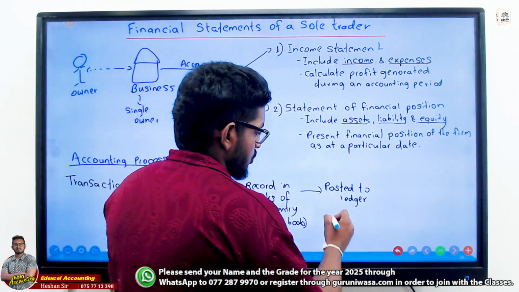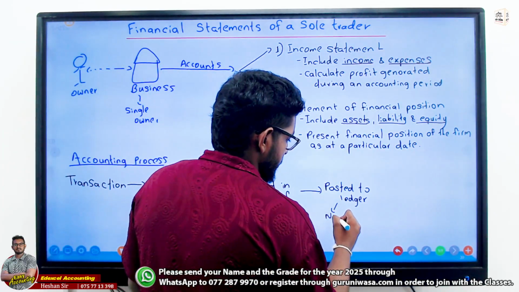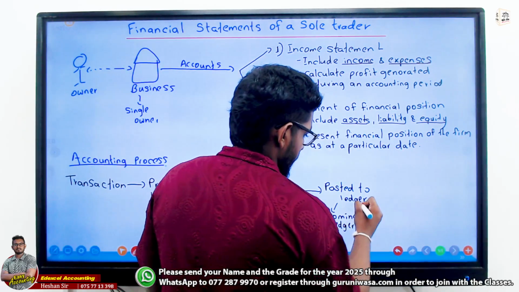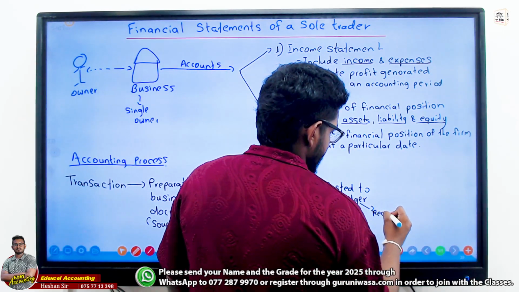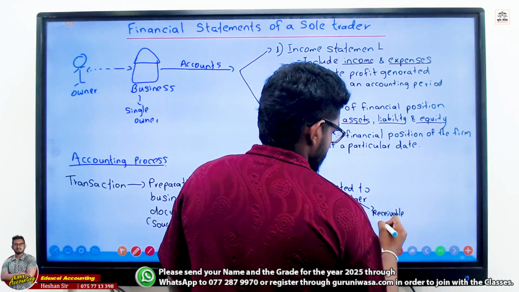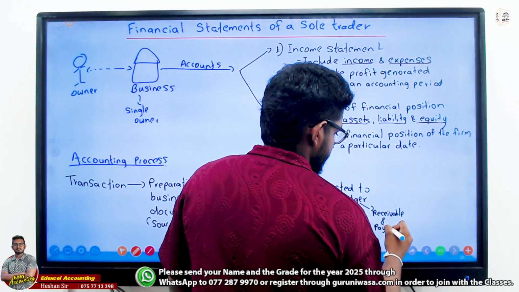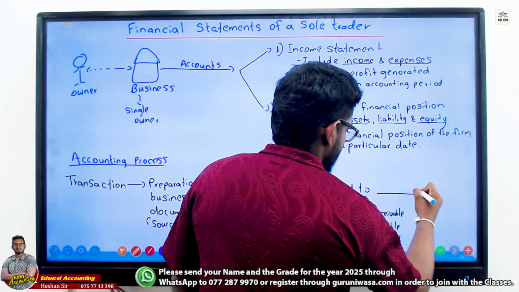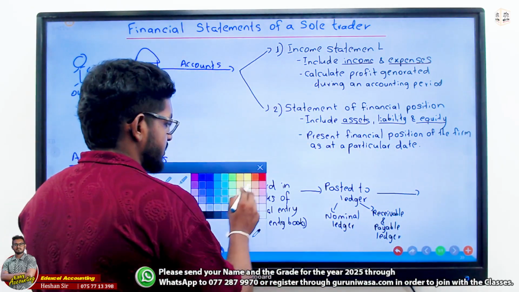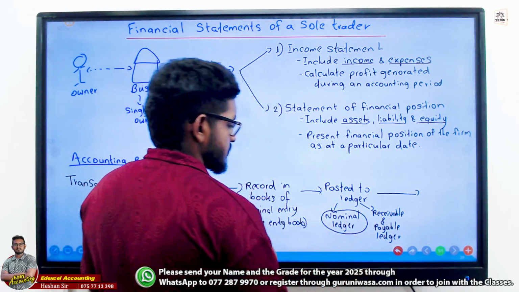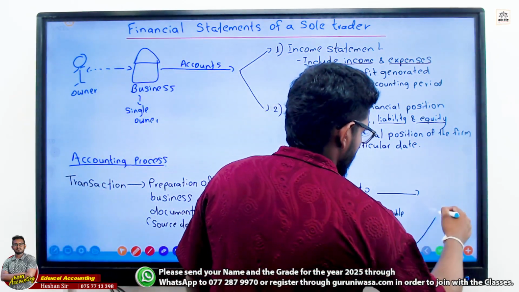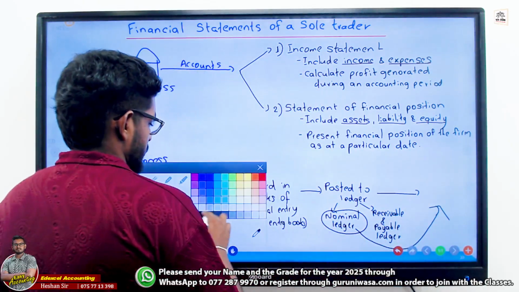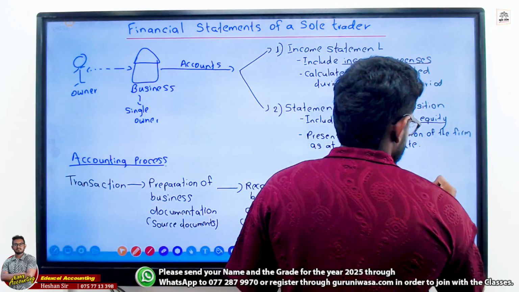So then we recorded the nominal ledger and the receivable and payable ledger. Then after that, we take the nominal ledger balances, and control accounts are also available there. So then after that, we prepare our trial balance.